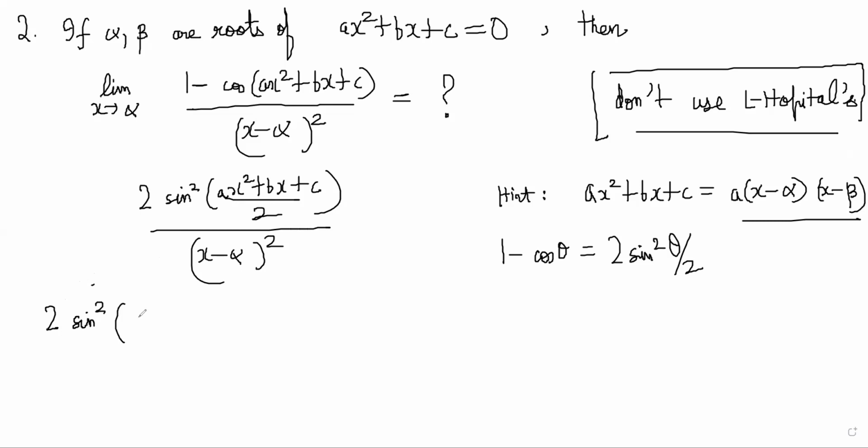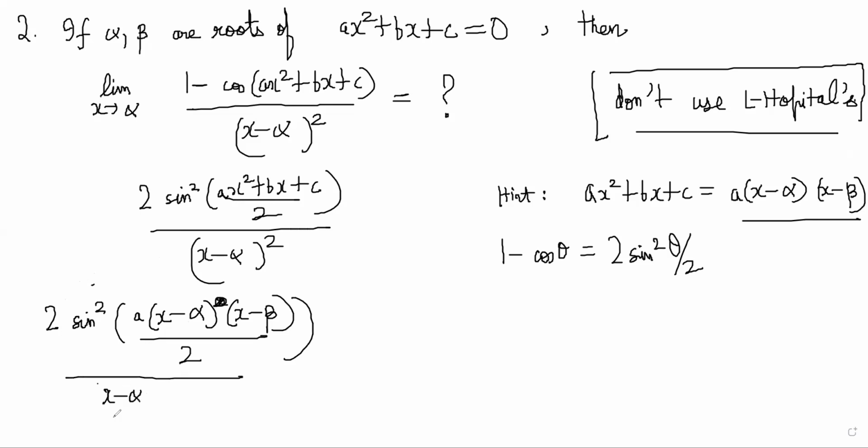Write it as a into x minus alpha whole square, x minus alpha, x minus beta by 2, divided by x minus alpha whole square. Now notice that this part is disappearing to 0, so you need a corresponding part in the denominator also.